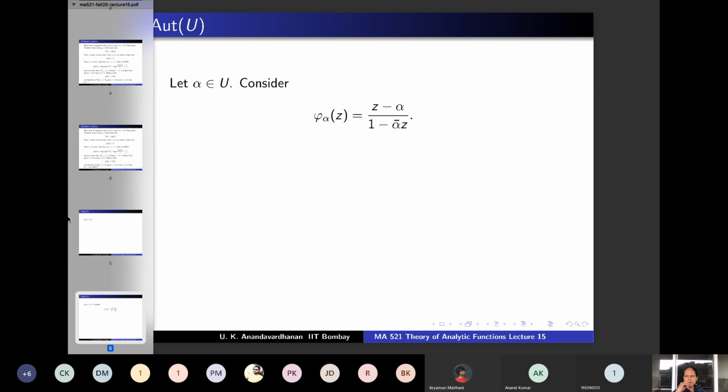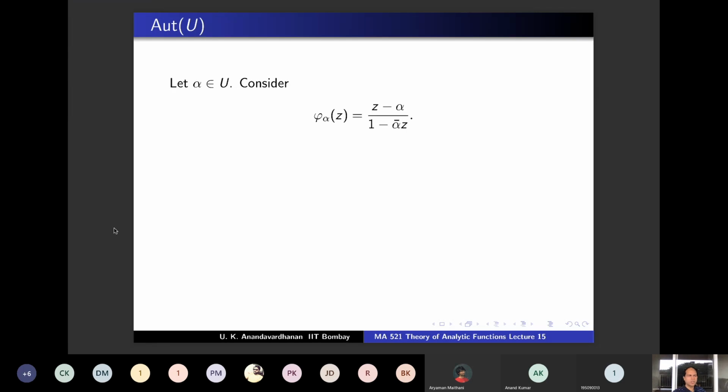We may come back to Mobius transformations in general later when we give a proof of the Picard theorem, much later. But this is an example of a Mobius transformation. So a general Mobius transformation will look like (az plus b) by (cz plus d), where a, b, c, d are complex numbers. So here a is 1, b is minus alpha, c is minus alpha bar, and d is 1.